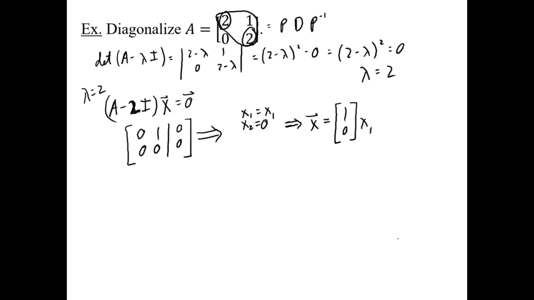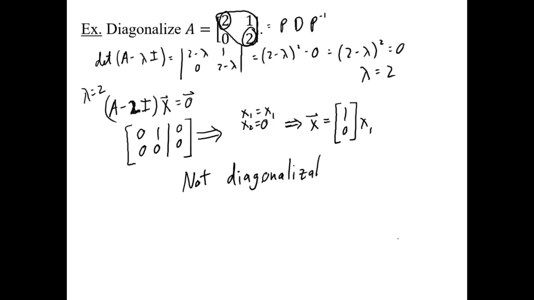Anyway, the point is, I only had one eigenvector, which means this is not diagonalizable.